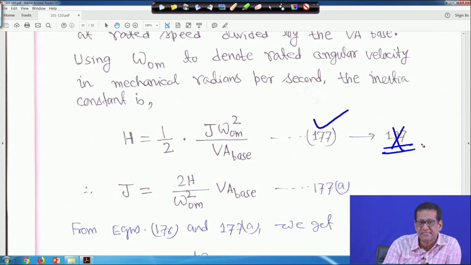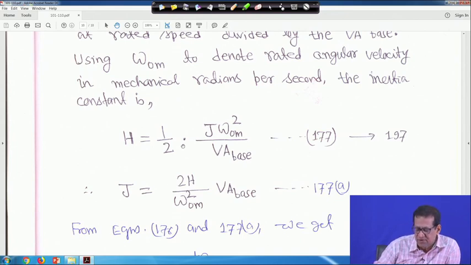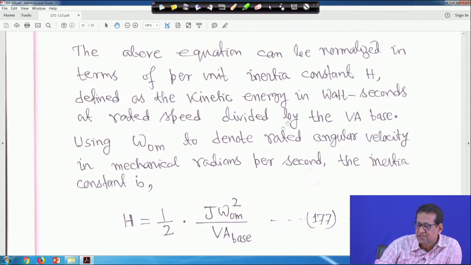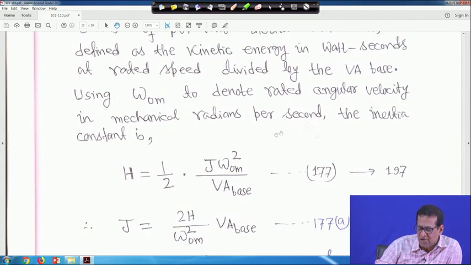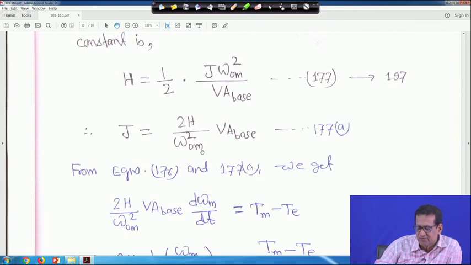Or, from this equation, J is equal to 2H upon omega 0m square into volt ampere base. This is equation 177a.